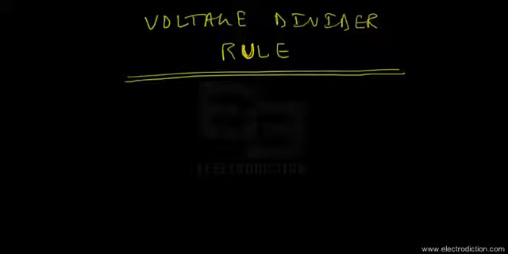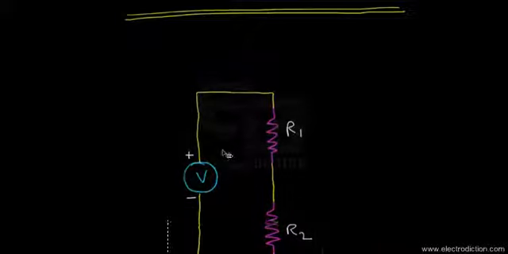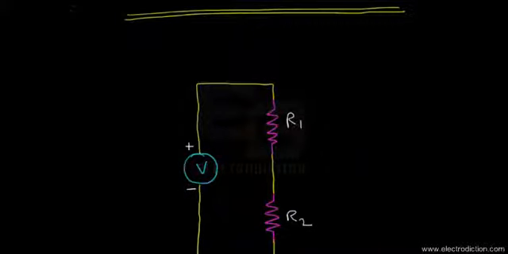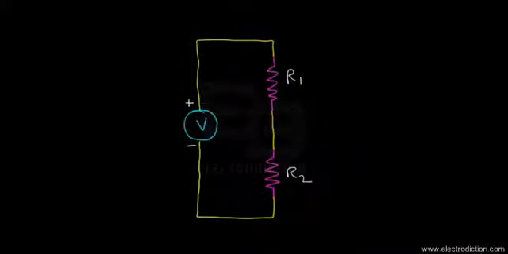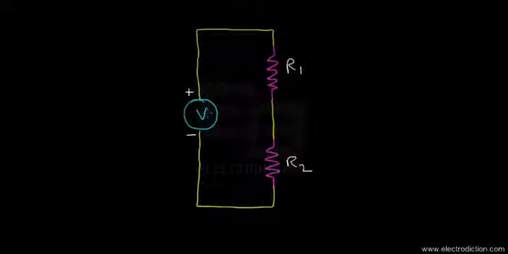Okay, so to start with, we first take an example of a simple electrical network. So there it is. In this electrical network, as you can see, we have a voltage source of EMF value V, and here we have two resistors, R1 and R2.